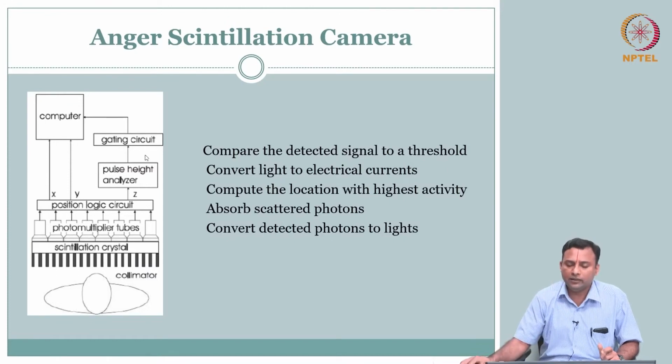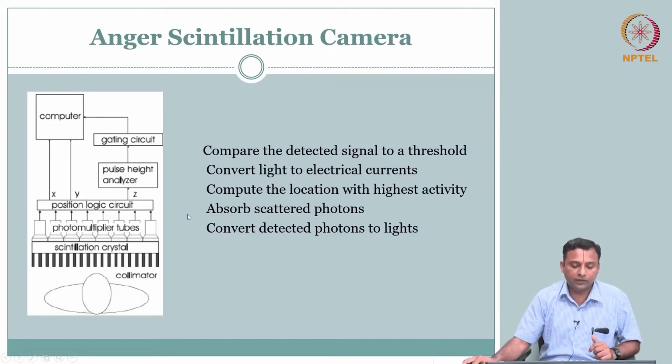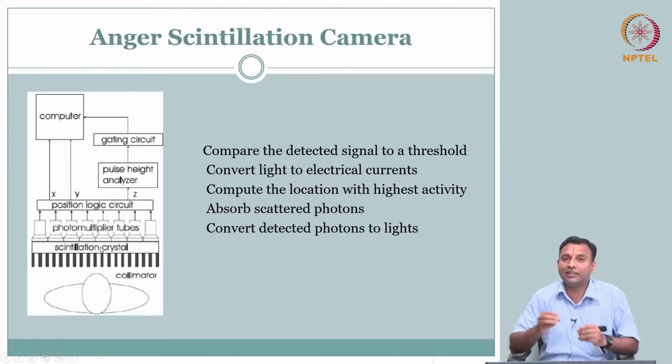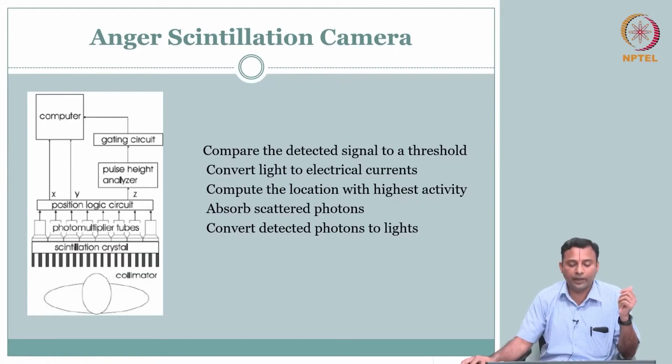So the idea is, from the detected energy, you need to know whether it is because of the radiotracer, coming through the interaction. You have this thick scintillation crystal, and the photon is interacting with the crystal. You could get Compton scattering there and less energy coming out.